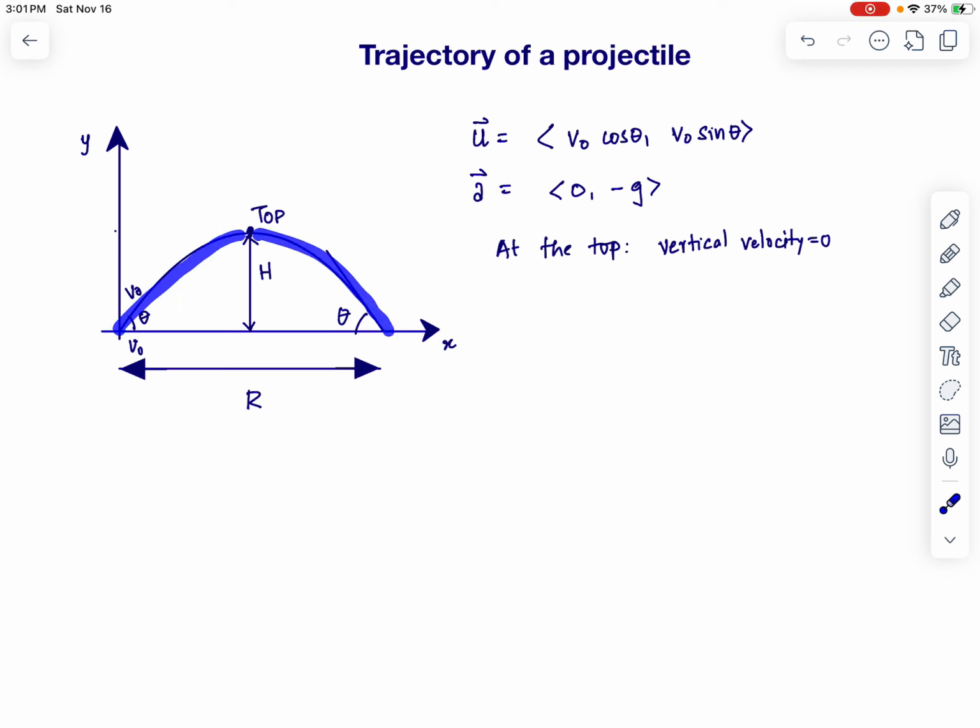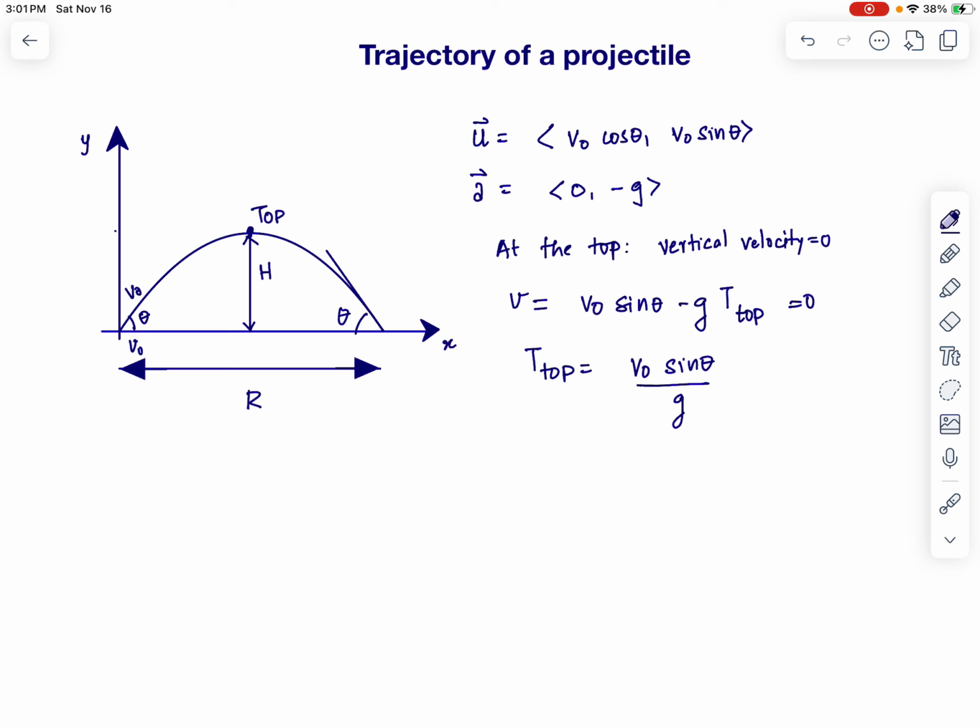If we write the vertical velocity v, it's equal to the initial vertical velocity v0 sine theta minus g t to get to the top. At the very top we know that this vertical velocity is 0. So we get t to get to the top equals v0 sine theta divided by g.